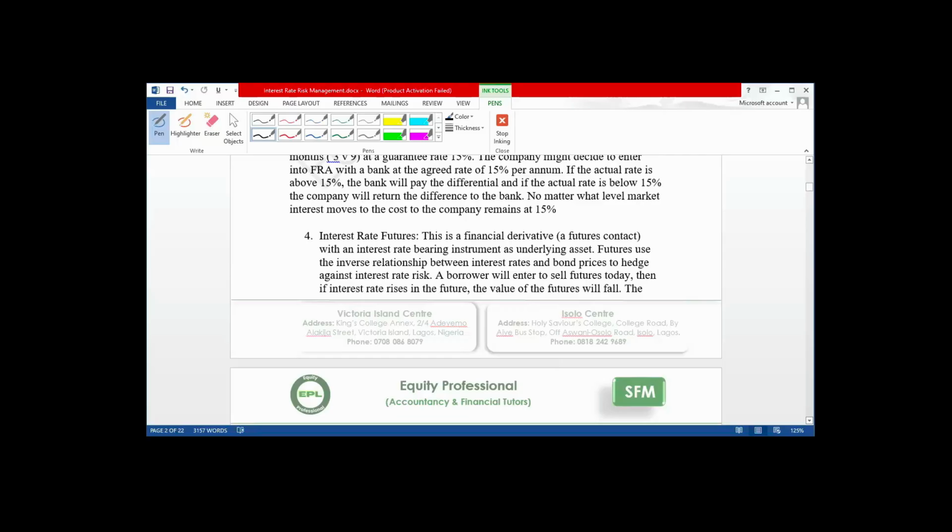Interest rate futures are financial derivative products. This is a financial derivative, in bracket, futures contracts.